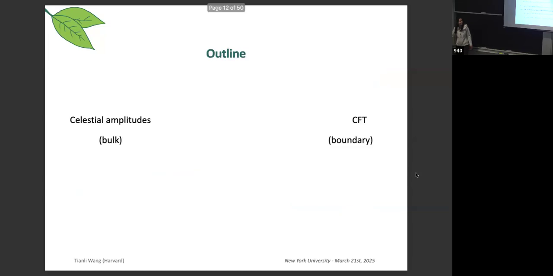Okay, so here is the outline and basic line of logic of my talk. We want to find a CFT dual for celestial amplitudes, but these guys are singular, so it's hard to directly find a CFT. Leaf amplitudes can serve as a nice intermediate step between these, being smooth and fundamental building blocks for celestial amplitudes, for which we found a relatively simple CFT dual.